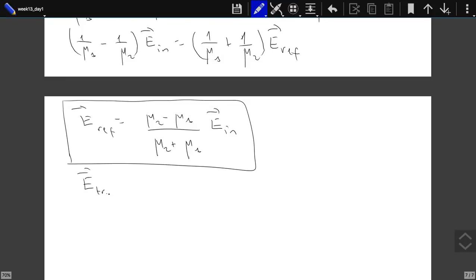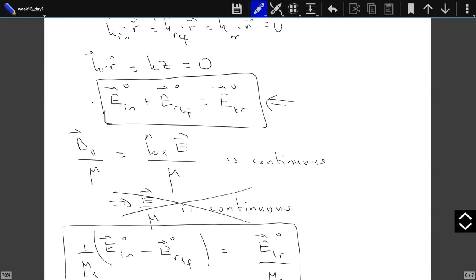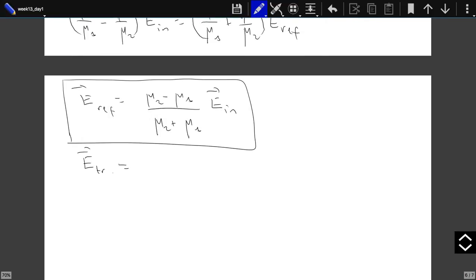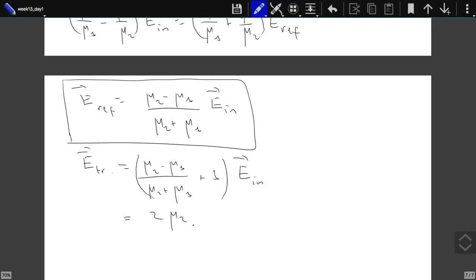Now the transmitted wave, well, we can just use this relation, (mu2 minus mu1) divided by (mu2 plus mu1) plus 1 times E incident, which is equal to twice mu2 divided by (mu2 plus mu1) times E incident.